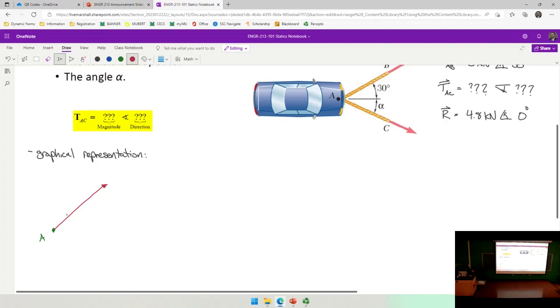We'll say that the magnitude of that vector is 3 kilonewtons, and in terms of angles, that angle is 30 degrees. Fair statement? All right. Now I'm going to place a similar coordinate system right here.